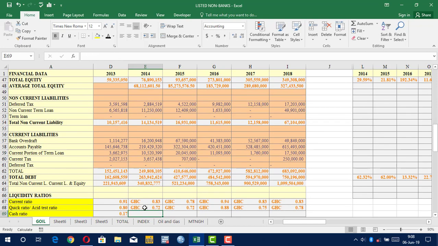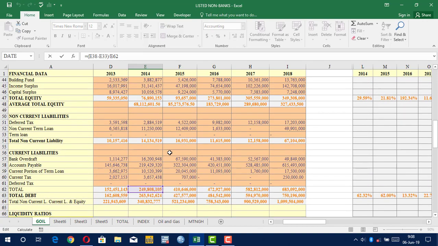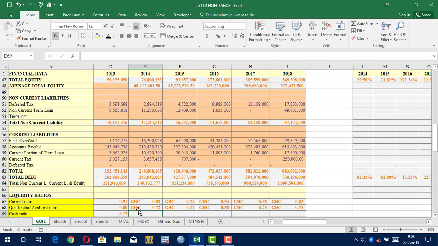So what proponents of these ratios have brought on board is the cash ratio. The cash ratio helps us tell how liquid the firm is, excluding inventory or stocks and accounts receivable.